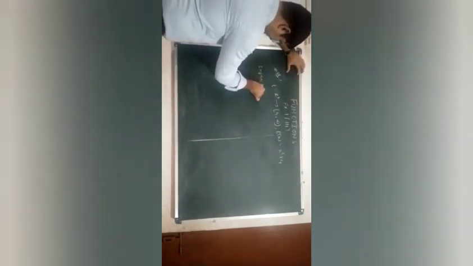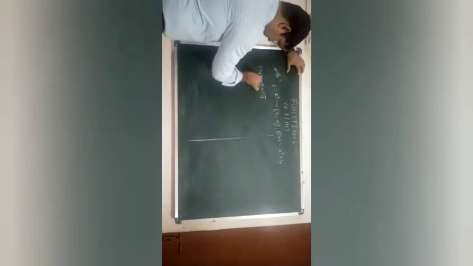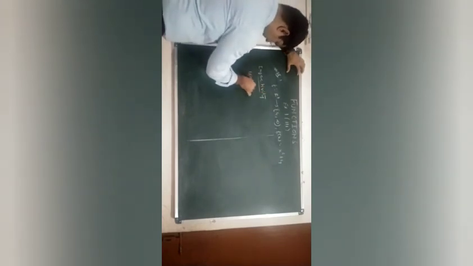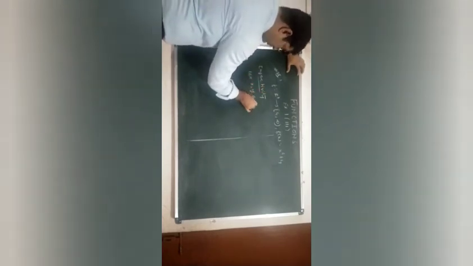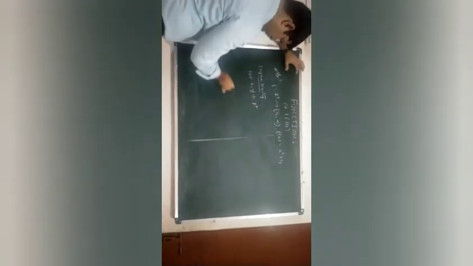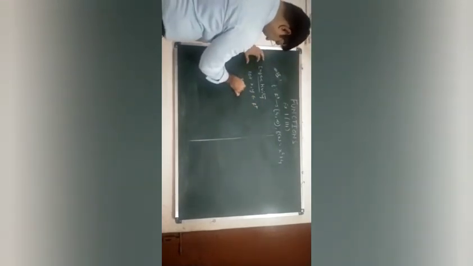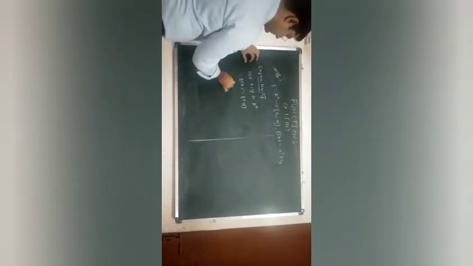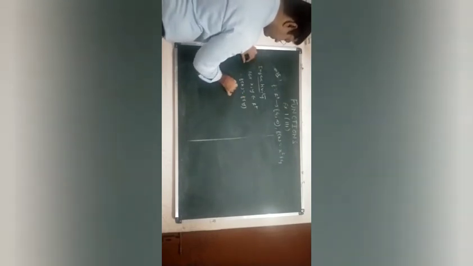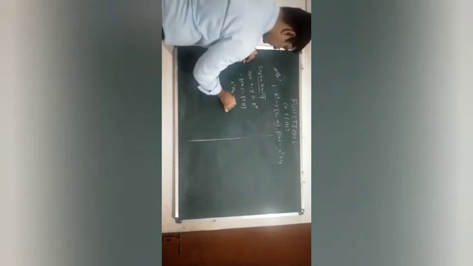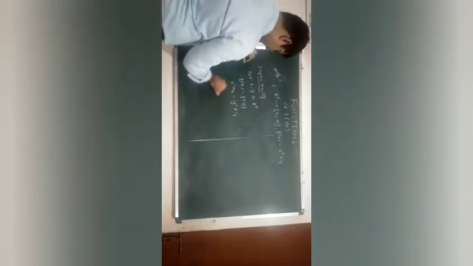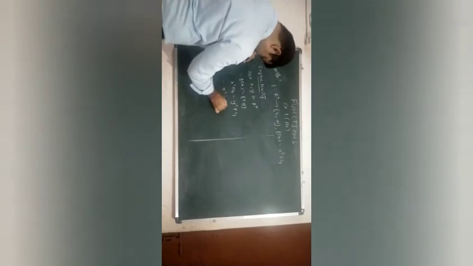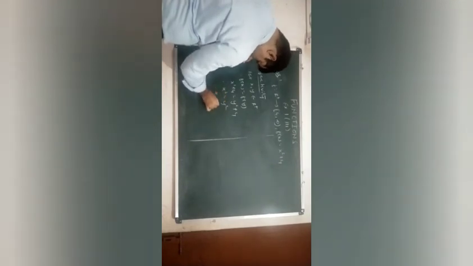So let us do the injectivity first. Now let x and y belong to the domain R plus such that f of x is equal to f of y. Therefore, x square plus 4 is equal to y square plus 4, and therefore x square is equal to y square.